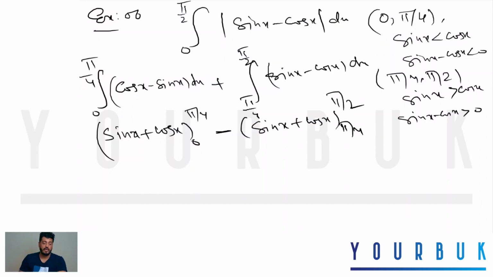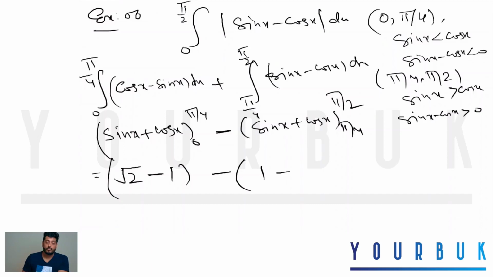Now you can evaluate. Firstly, you put pi by 4, so it will be sin pi by 4 plus cos pi by 4. So this becomes root 2 only, and minus sin 0 plus cos 0, that will be 1 only. So root 2 minus 1 will be the value of this, and then minus, when you put pi by 2 here, it will be 1.